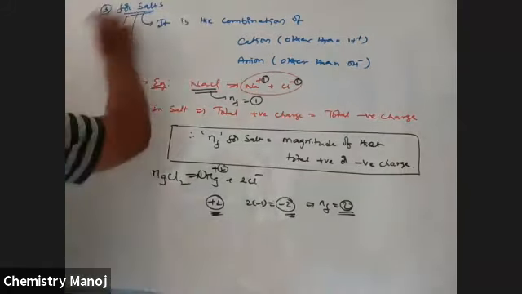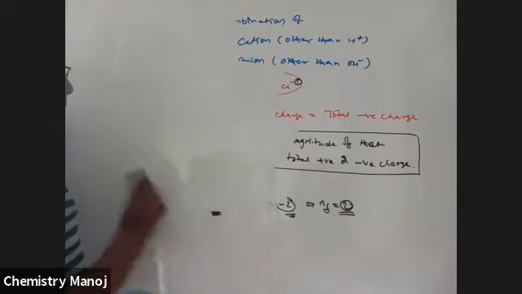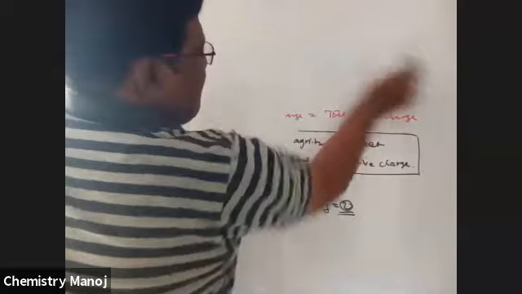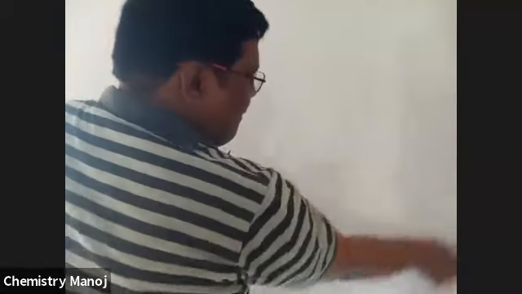Al2(SO4)3. What is the N factor? Tell me, what is that N factor? Write the respective ions.